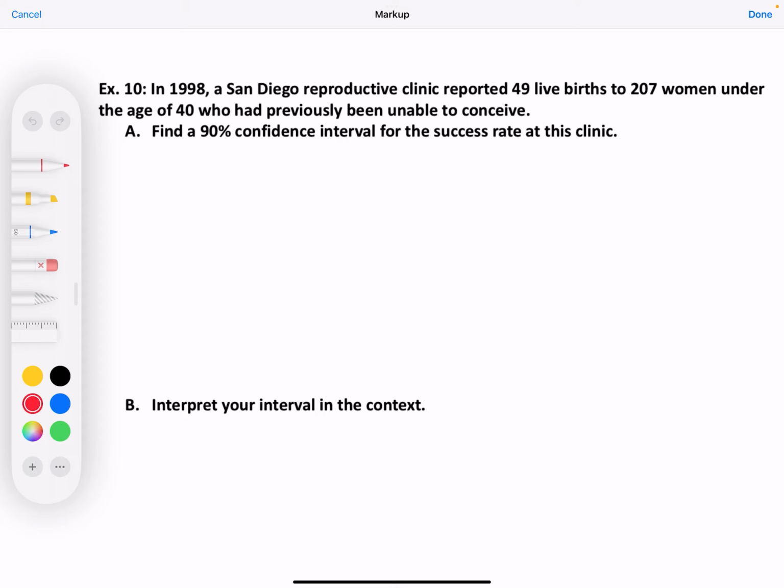It would be the initial value of 49 out of 207, plus or minus, we want 90% confidence, that's 1.645, times the square root of p hat q hat over n, so that's 49 over 207 times 158 out of 207, divided by 207. And then if you solve it out, that would give you your interval.